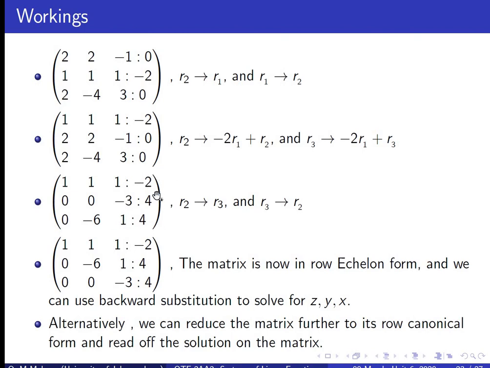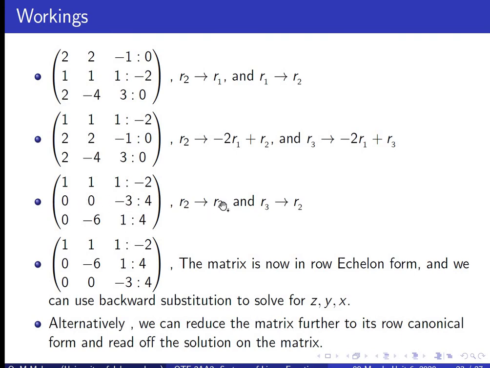So you can see that this system is not yet in echelon form, right? We did point out that you can interchange rows when you operate on equations of a linear system. So in this case, to get my system into echelon form, I need to interchange row 2 and row 3.